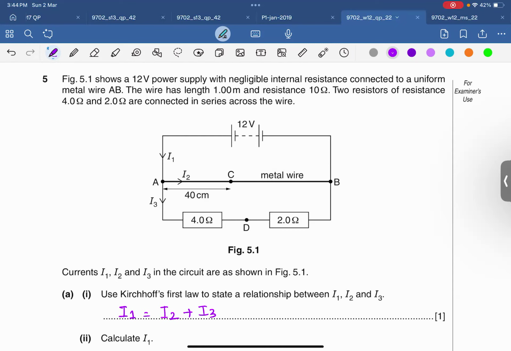Which means this whole thing has a 10 ohm resistor. You can assume this circuit this way, with a 10 ohm resistor and then a 2 ohm resistor down there.